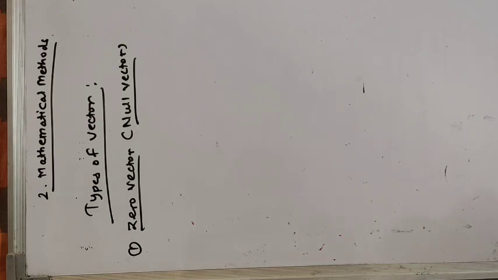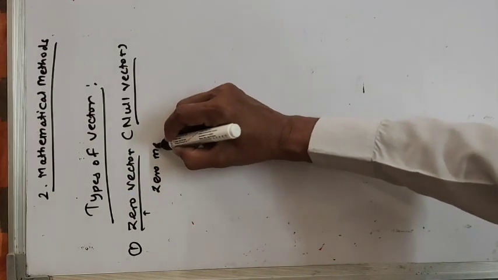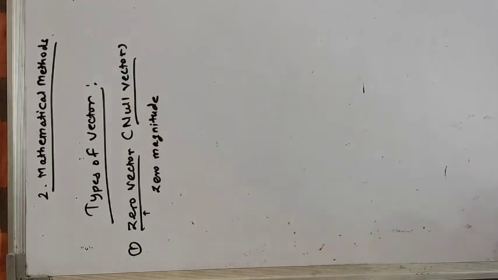What is its definition? This word zero gives you an idea about the definition. It is a vector having zero magnitude. A vector with zero magnitude is called the zero vector. But this is an incomplete definition.